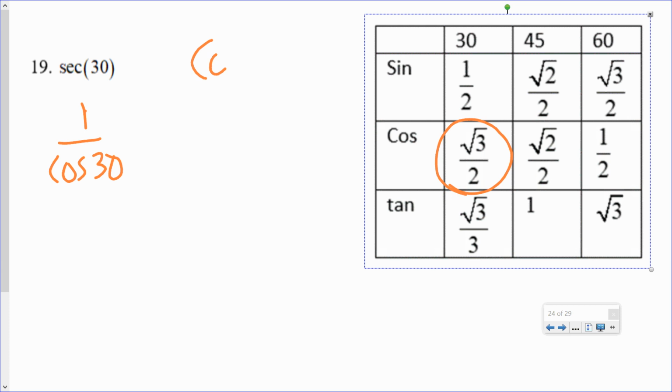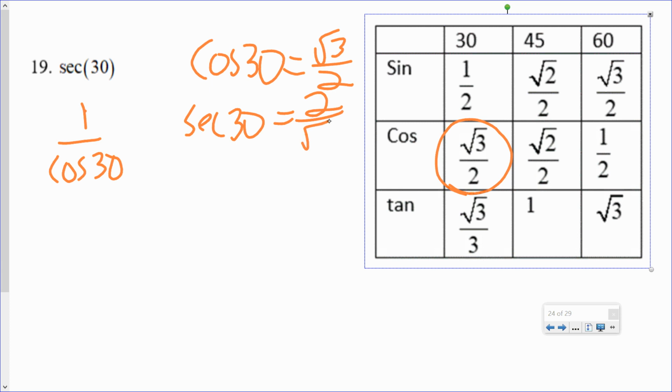So if cosine of 30 is rad 3 over 2, then the reciprocal of that, secant of 30, is 2 over rad 3. Now, you can rationalize that. You can leave it as is. I'm fine with you leaving it as is. That would be your answer. So if it's asking you for one of the reciprocal functions, find its reciprocal, and then flip it.